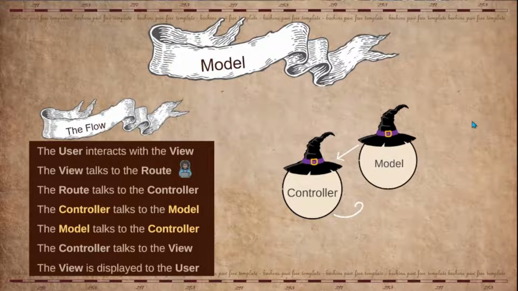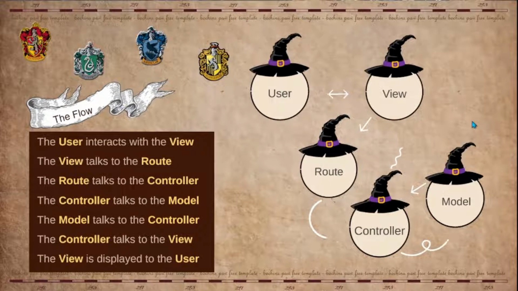The user interacts with the view, talks to the route, talks to the controller, talks to the model, talks to the controller, talks to the view, and finally, the view is displayed to the user. Hopefully, this is making a little bit more sense now.